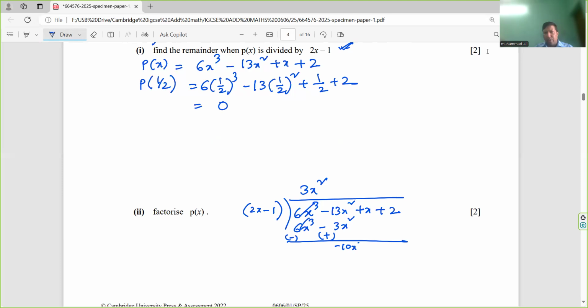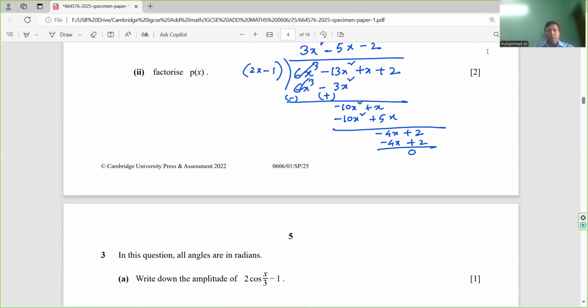Minus 10x squared plus x. Multiplied by minus 5x, we'll get minus 10x squared plus 5x. So the remainder comes minus 4x plus 2. Multiplied by minus 2, we'll get minus 4x plus 2, remainder 0.